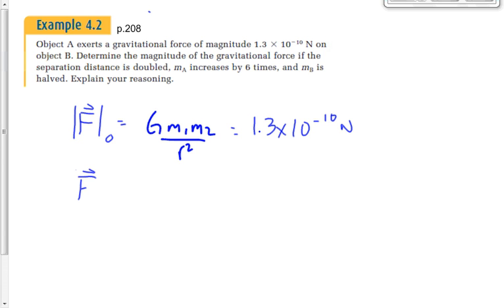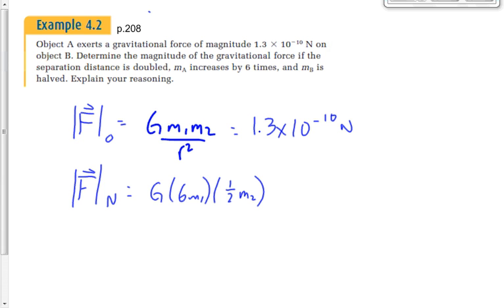Let's say now my new force. My old force was 1.3 and Gm1m2 over r squared. My new force is now G times 6m1 times 1/2 m2. Listen carefully to the next sentence.